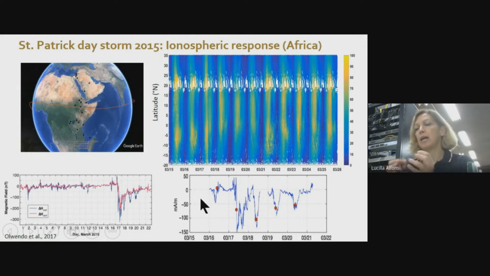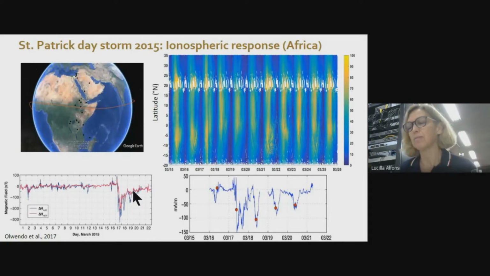And the other two plots at the bottom of these slides are related to the geomagnetic field as seen by a local magnetometer, in which we have, help me Claudio, the blue line and the red line, I cannot read.